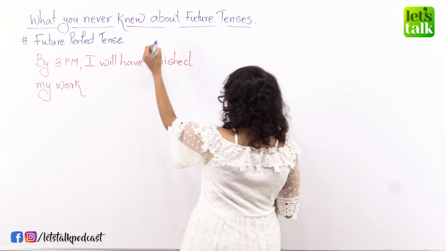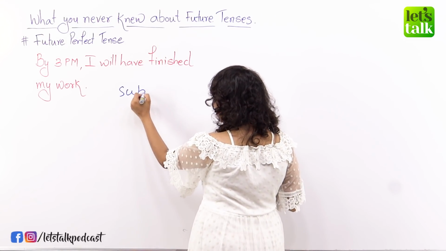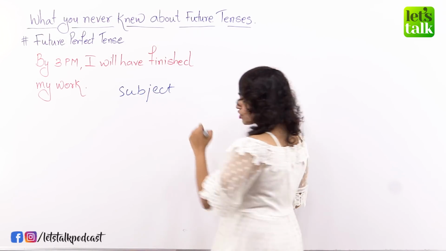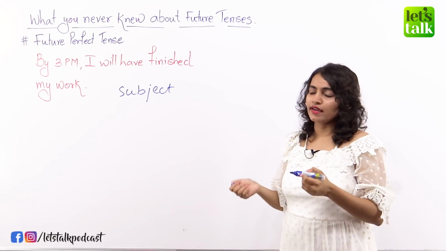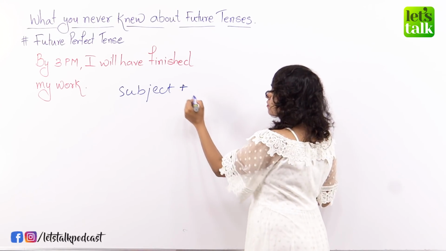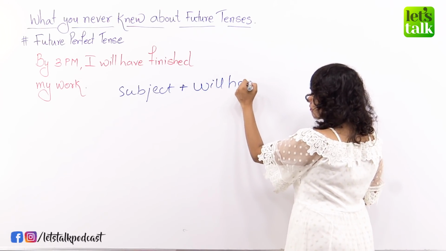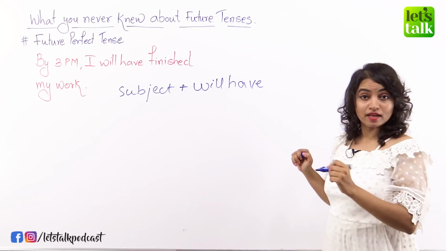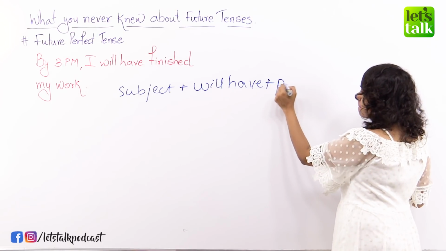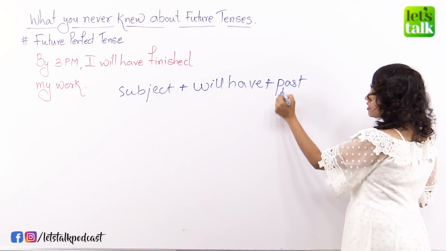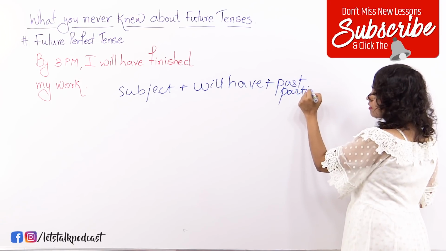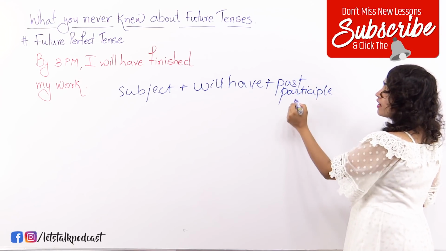The formula is subject, which is I, you, he, she, it, they, plus will have, plus the past participle form of any verb.